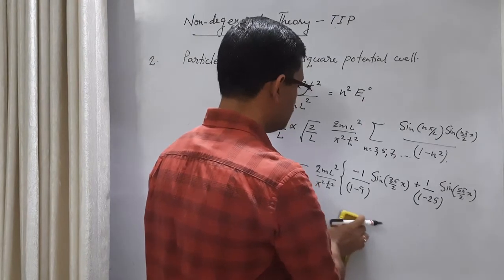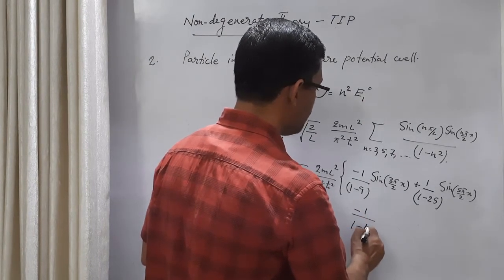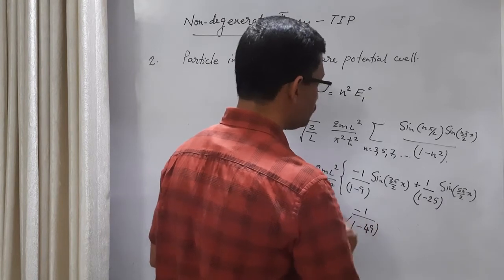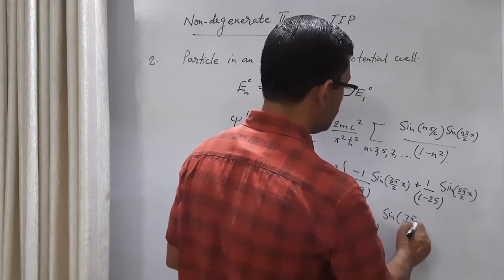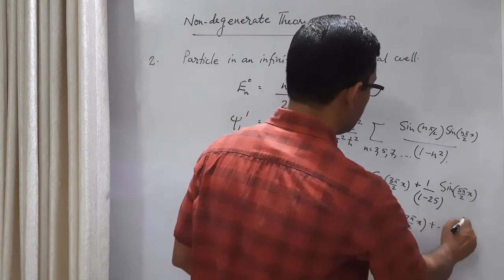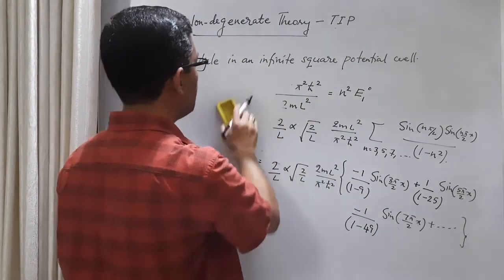That is -1 divided by 1 minus 7², 49, sin 7π/2 into x, plus etc. So these are the first three non-zero terms. Let us further simplify them.